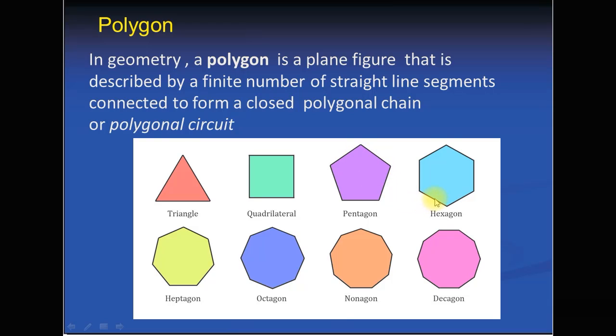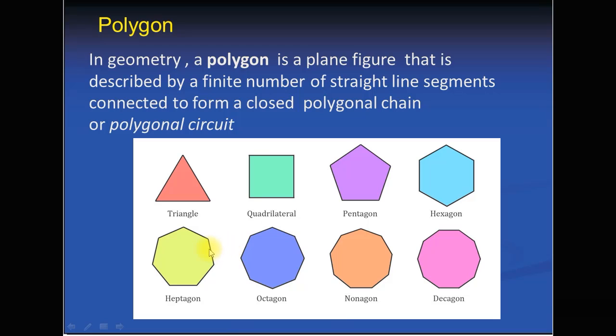And this is a hexagon. Hexagon is a polygon in which there are six line segments. Line segment number 1, 2, 3, 4, 5 and 6. So this hexagon is also a polygon, and there are six sides connected to form a closed polygonal chain.